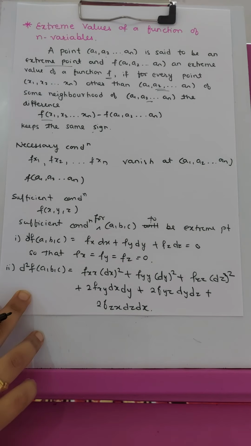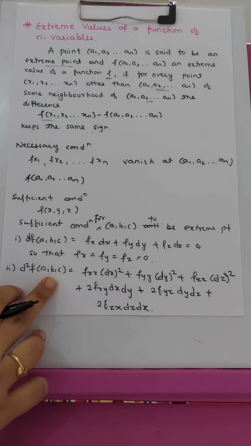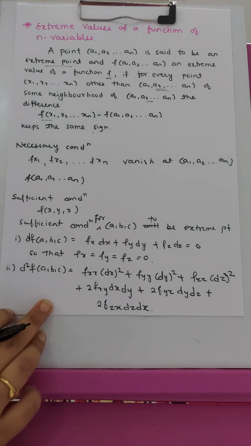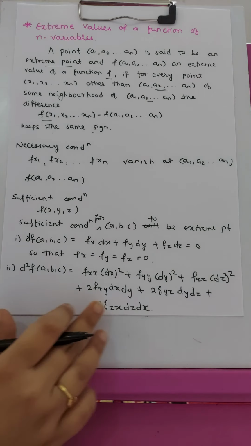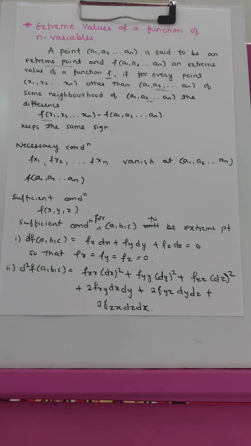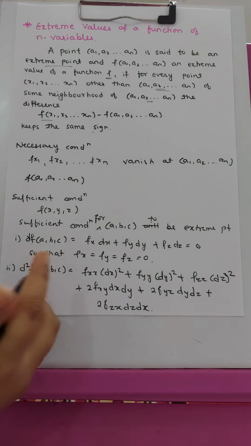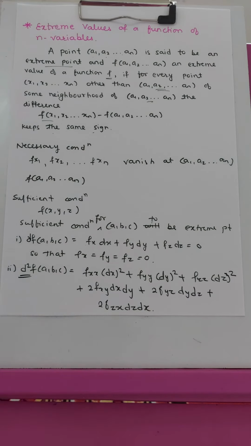This second derivative of the function f at point a, b, c keeps the same sign for arbitrary values of dx, dy and dz. And whether the point is a maximum or minimum depends on the sign of this second derivative of the function at point a, b, c, whether the sign is negative or positive. So we'll discuss one example regarding this.